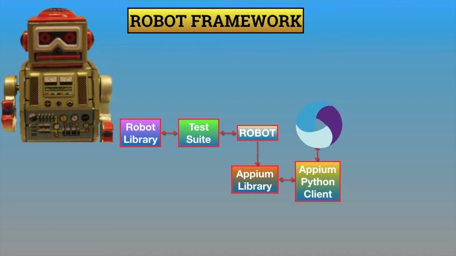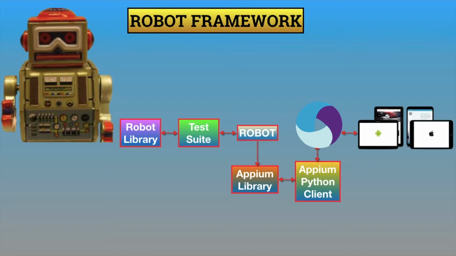Then we have the Appium server, which is connected through the Appium Python client, and the Appium server executes it on all the devices. Then it sends the result to the Robot executor, which generates the HTML report. With the HTML report it also generates some XML and logs as well.